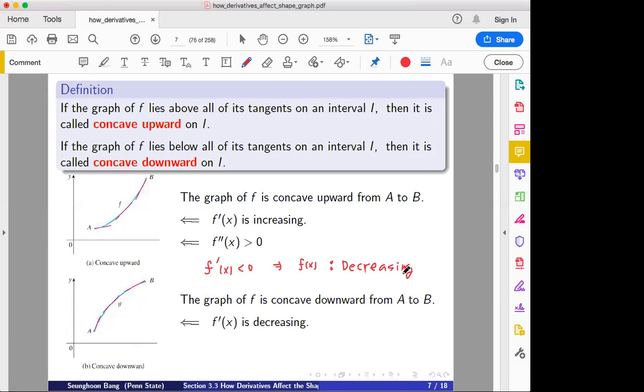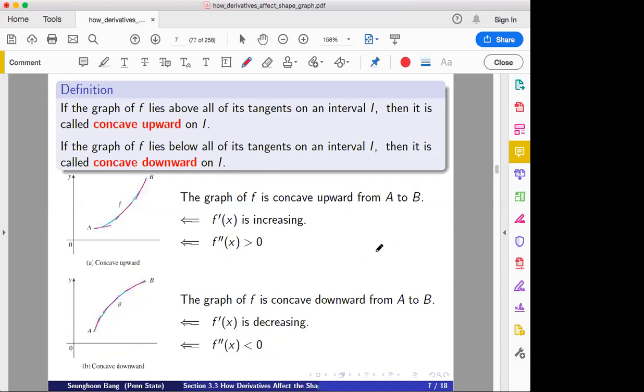So like this, you can take the derivative one more time. If the second derivative is less than 0, f prime of x is decreasing. So we have this result.